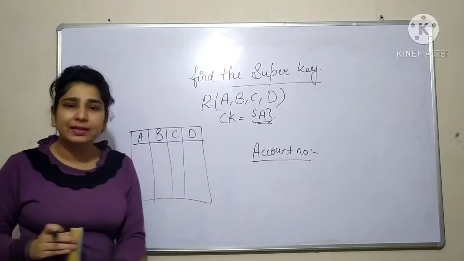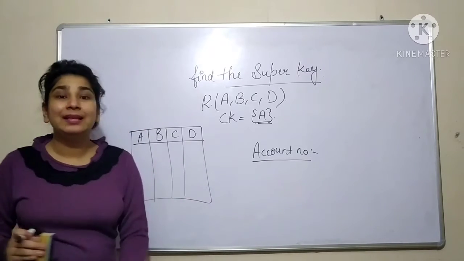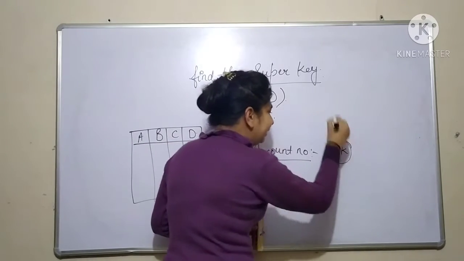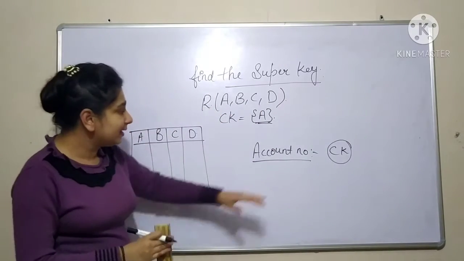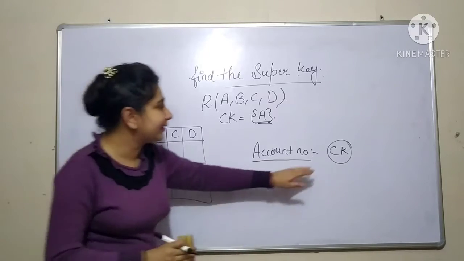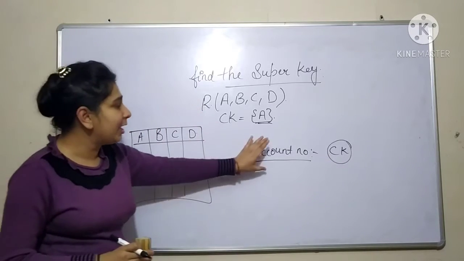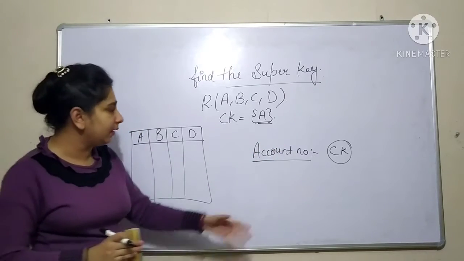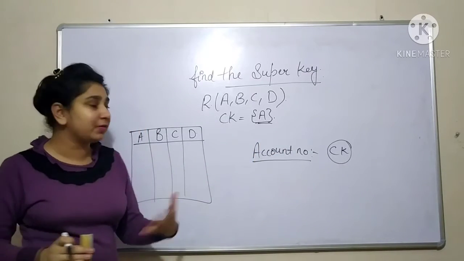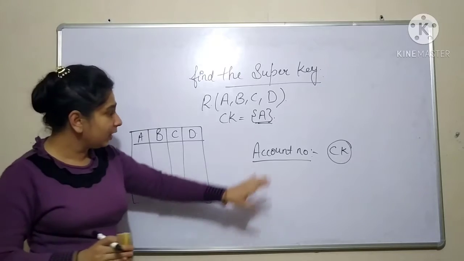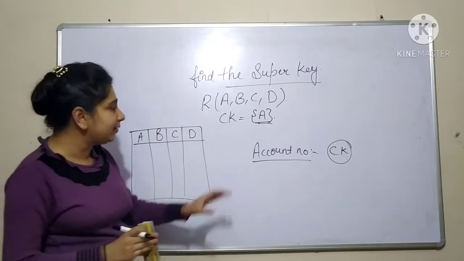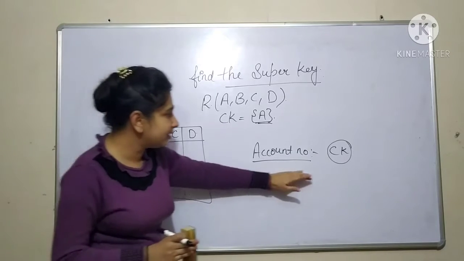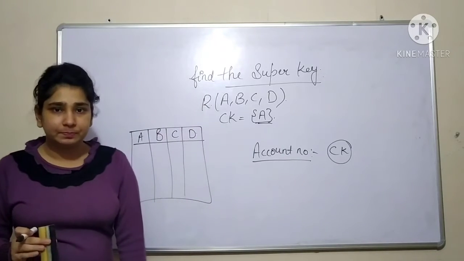So this account number is actually your candidate key. With just your account number, you can check everything, the current balance amount, every detail. This is your candidate key.